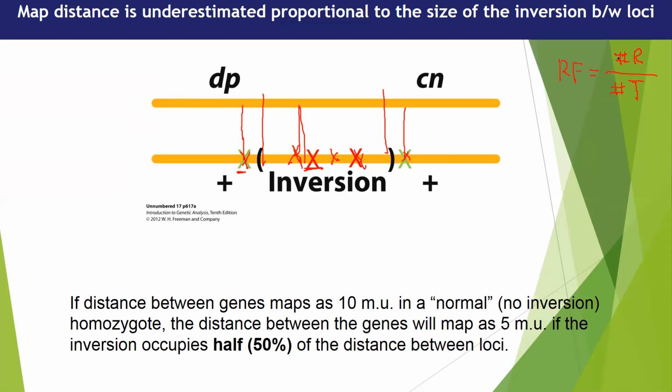That means this number will become smaller because some of the recombinants due to the crossover within the inversion region will be lost.